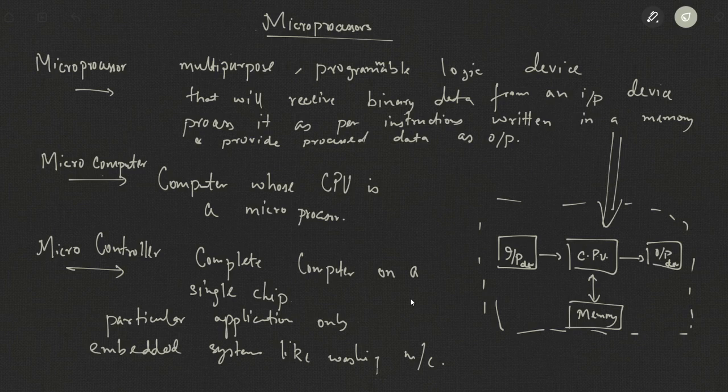And if we talk about microcontrollers, there is the 8051. So the example of a microprocessor is 8085, and the example of a microcontroller is 8051. This 8085 is actually an Intel make.